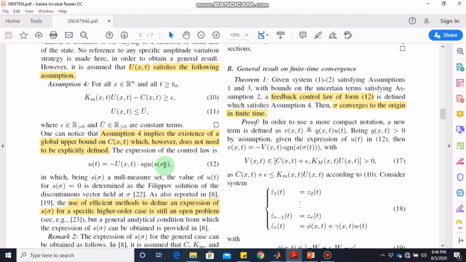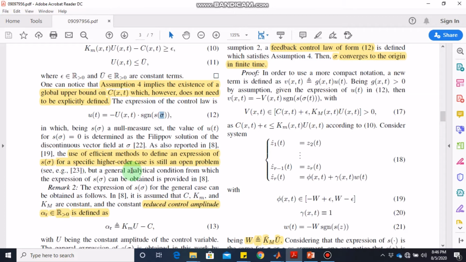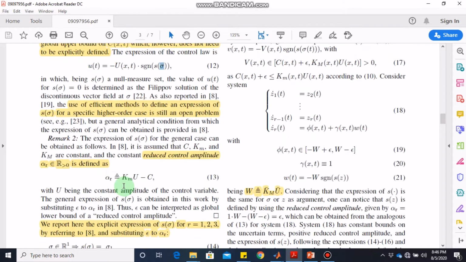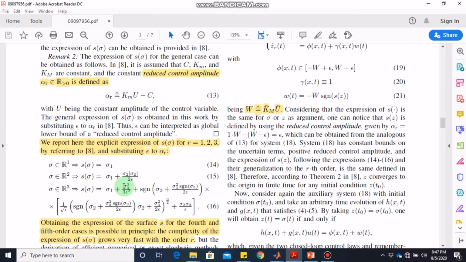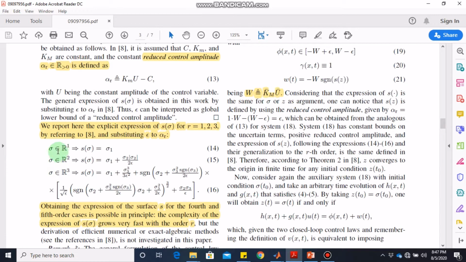This sigma is basically a vector of all the sliding surfaces and their derivatives, sigma 1, sigma 2, sigma 3, and so on up to sigma r. This S is a function of the sliding surface vector, and it can be calculated. This paper has calculated S for first order, second order, and third order sliding mode controls.